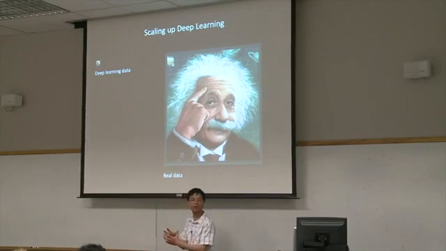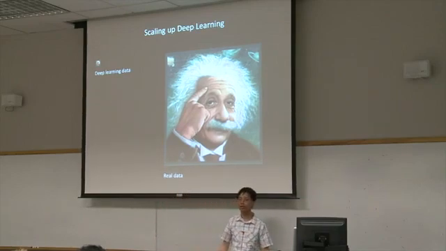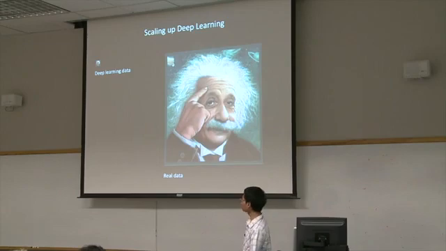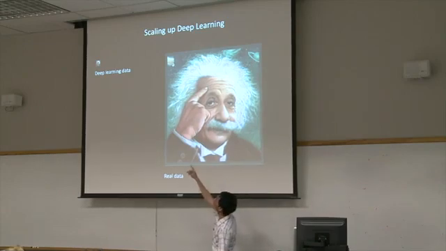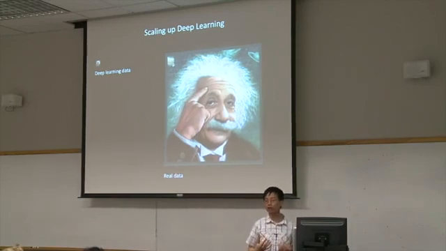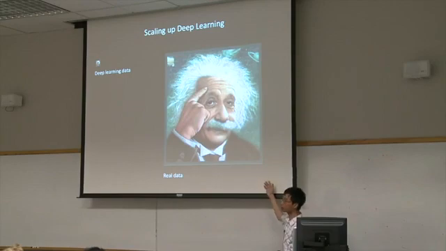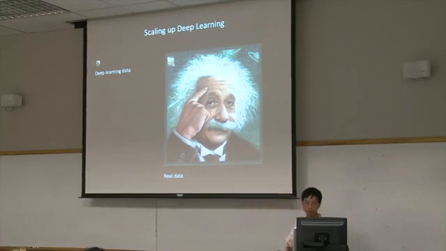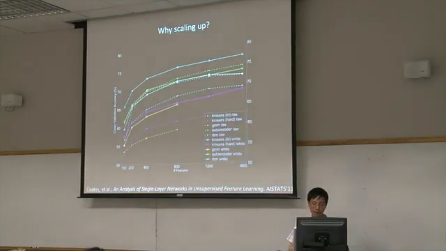Either we downsample the images or we throw away examples and so on. But as you can see, there's so much more that we can learn from this big picture than from that little picture over there. So it seems very obvious that we should invent methods to work on this. The problem is the computational challenge associated with it.